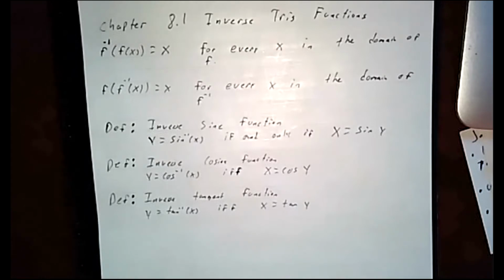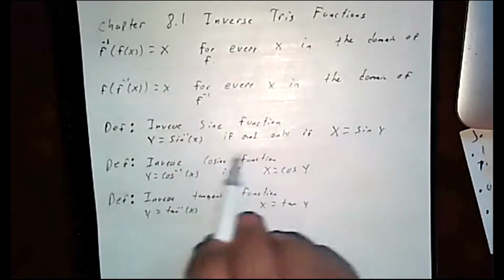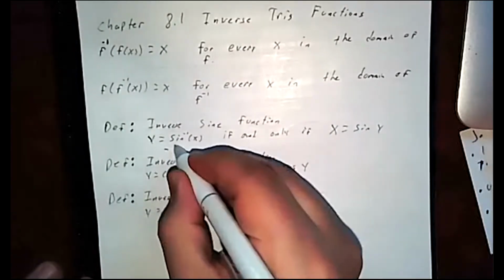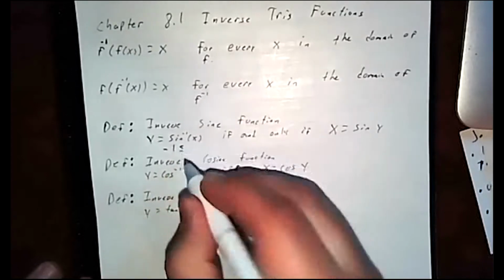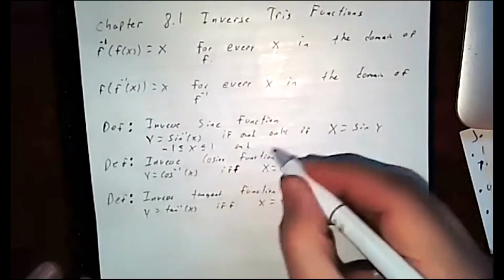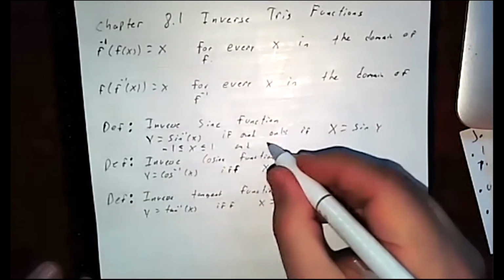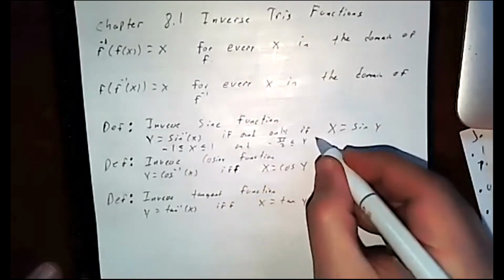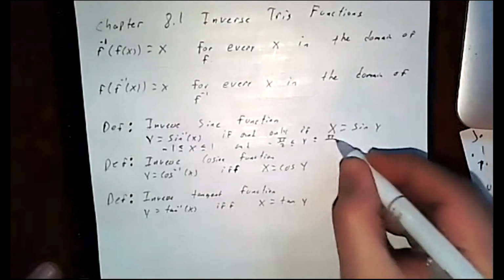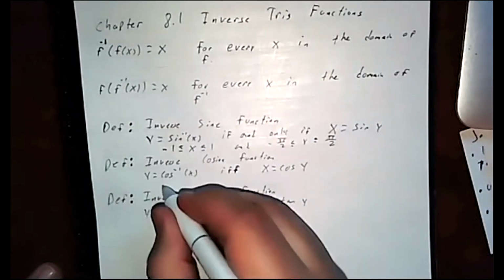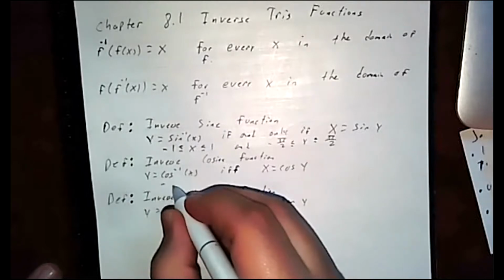Okay, so I forgot to write the domain of x and y here, so I'm going to have to tack it in the middle. Sorry about that. So for the sine, x is between -1 and 1, and y is between -pi/2 and pi/2. Over here, same thing for the x value.